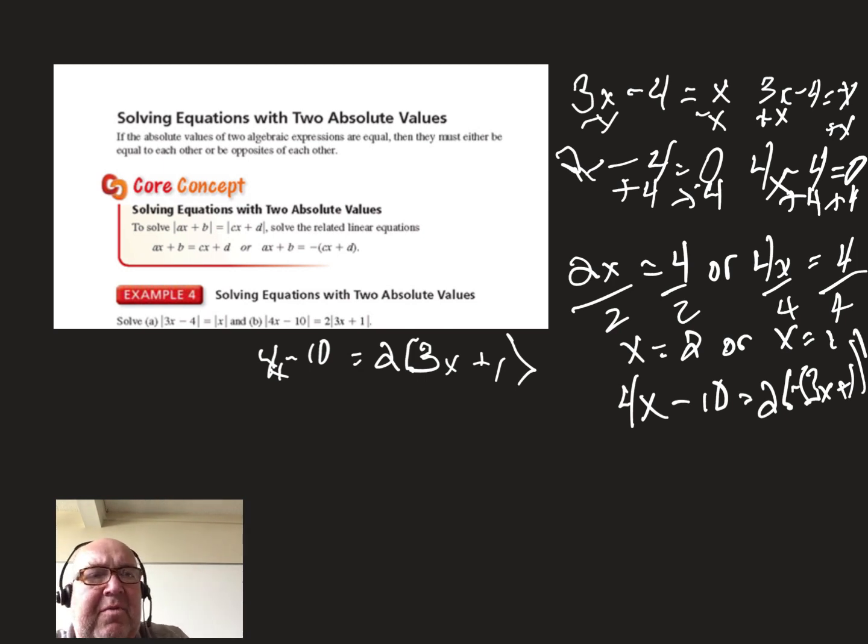So I'm going to just do one at a time right now. We're going to go ahead and distribute 2, so we're going to rewrite. We're going to have 4x minus 10 is equal to 6x plus 2.